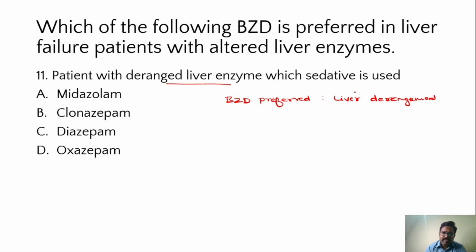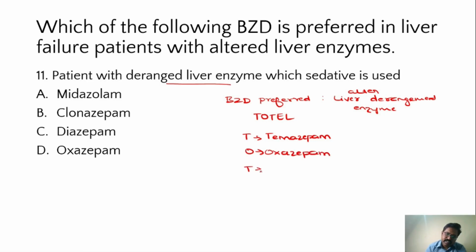You can remember it as TOL. T stands for temazepam, O stands for oxazepam, one more T stands for triazolam, E stands for acetazolam, and L stands for lorazepam. So which is the option which is present here?